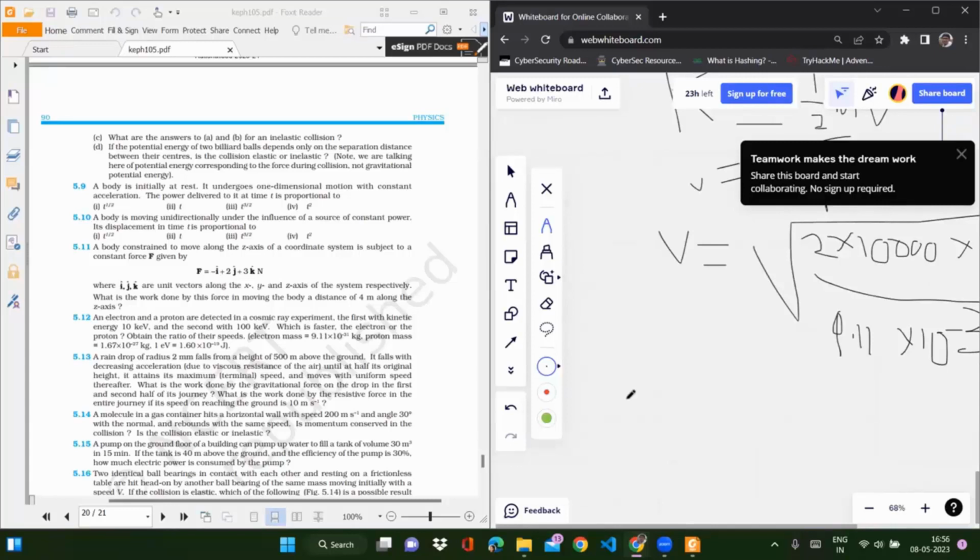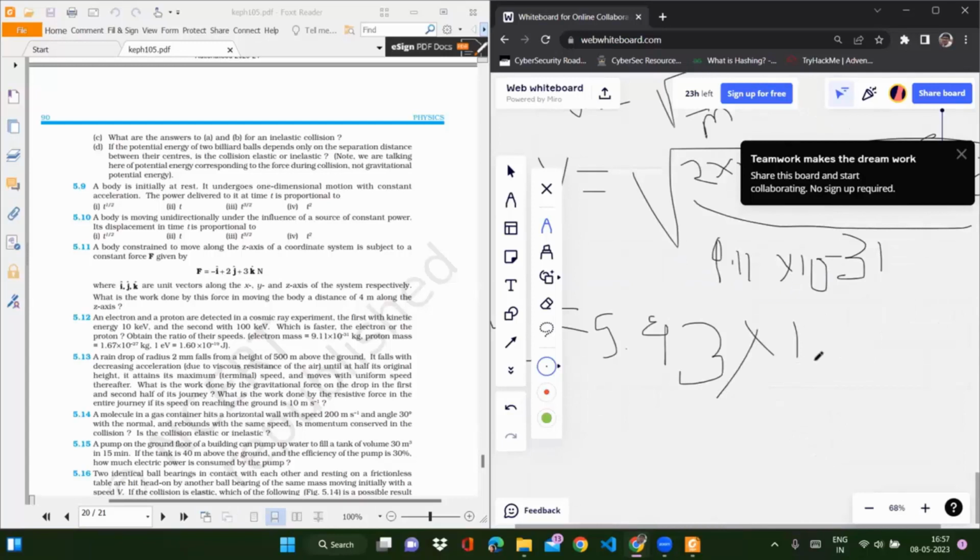And in the same way, we have to calculate the velocity of proton. So after calculations, you can check the velocity of electron will come out to be 5.93 into 10 to the power 7 meters per second.